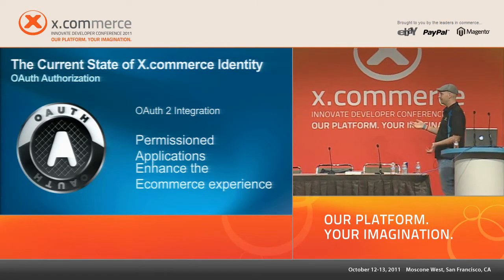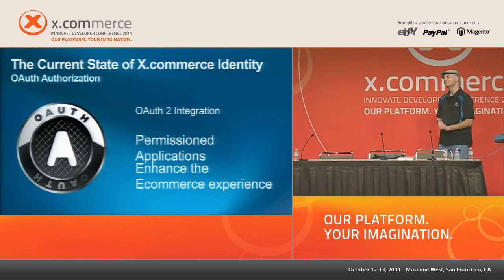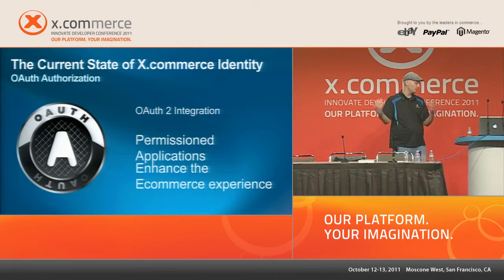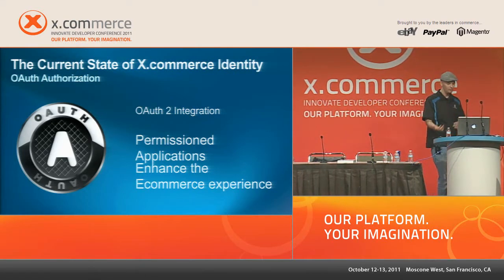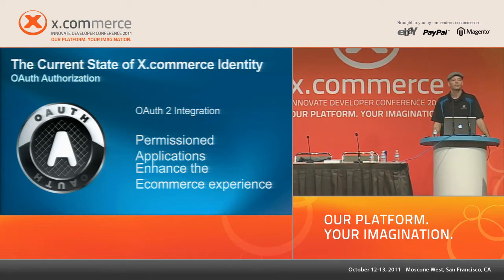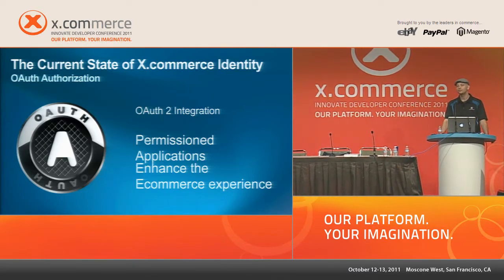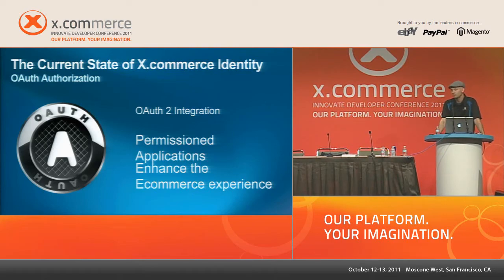And then ideally what you're looking at here is enhancing the e-commerce experience with widgets, whether they be social, conversion widgets or upsell widgets or what have you. Whatever needs to be done in order to enhance the e-commerce experience, extend your social graph to multiple social channels. It doesn't matter. You can pull in more users this way. You can get more sales this way using the identity system that's based off of commerce.